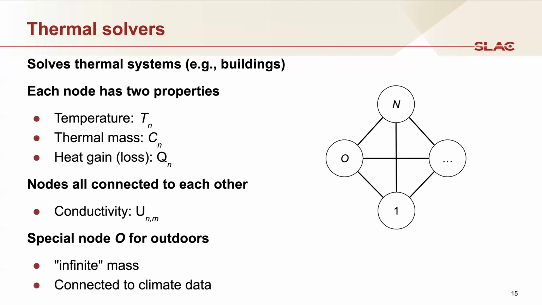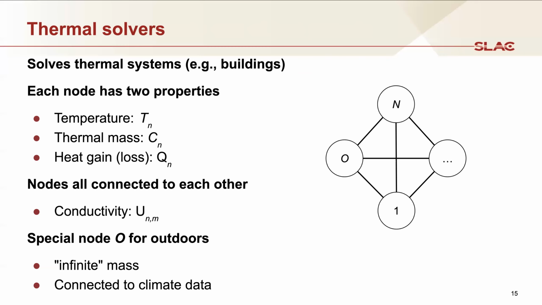Okay, so let's move on to thermal solvers. The thermal solvers are used to solve buildings. Depending on the size of the building, buildings are essentially large thermal masses that have HVAC systems that affect the air temperature.